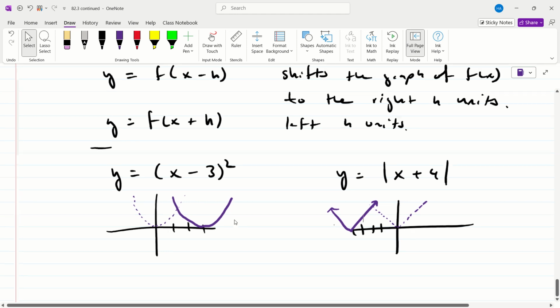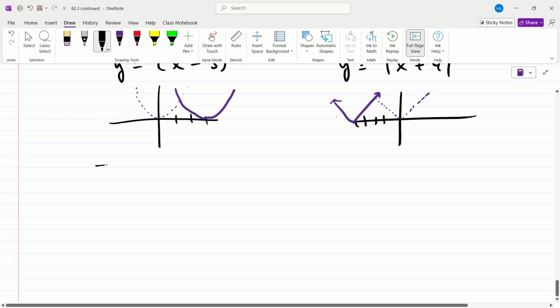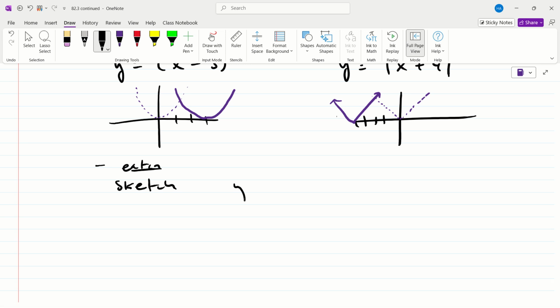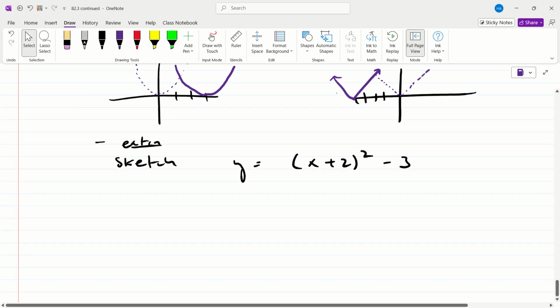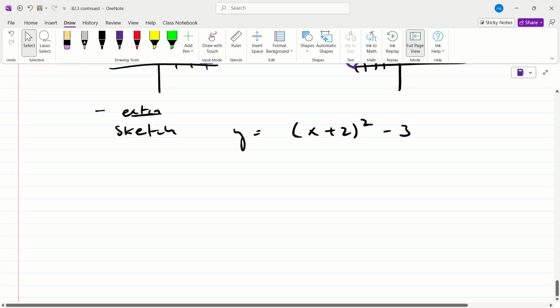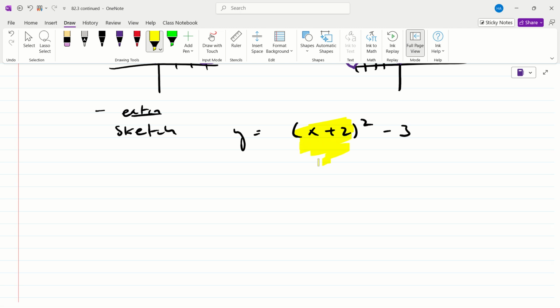For example, consider this extra problem. Let's go ahead and sketch the function x plus 2 squared minus 3. This guy is going to have a horizontal shift because you have that number added or subtracted to those x's, and it's going to have a vertical shift because it has a number added or subtracted to the general structure.